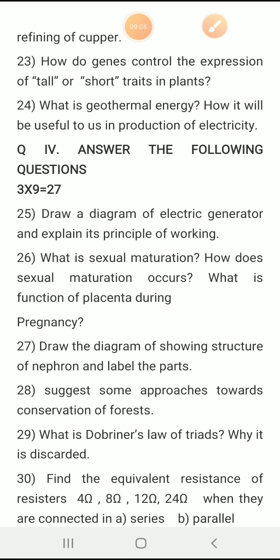So the working: the armature coil ABCD is in the horizontal position. Now the coil is rotated clockwise. The coil cuts the magnetic lines of force. The arm AB moves upward while the arm CD moves downwards.